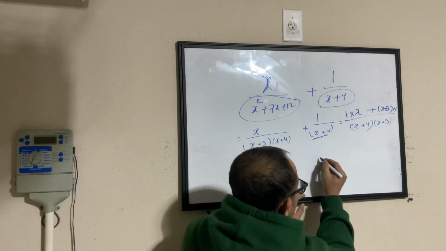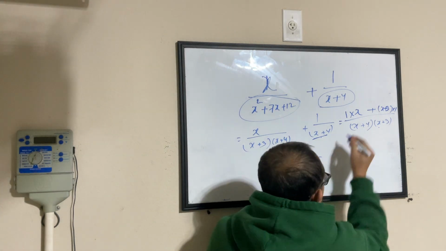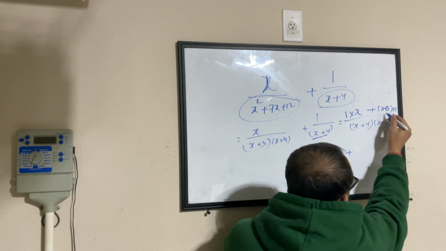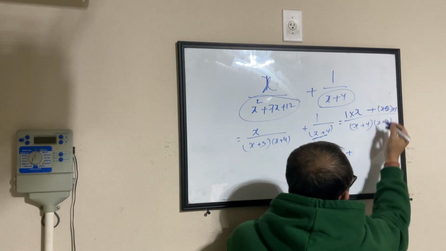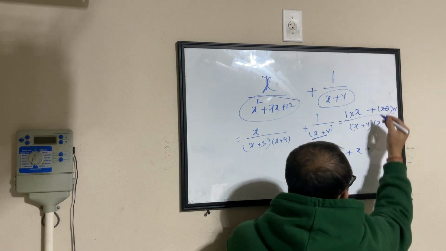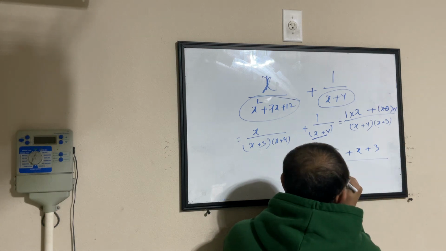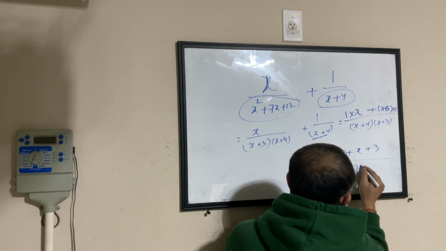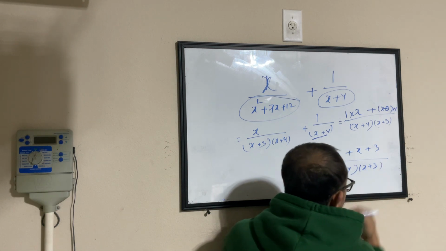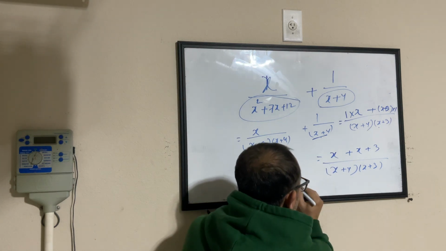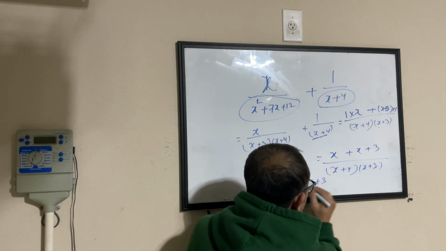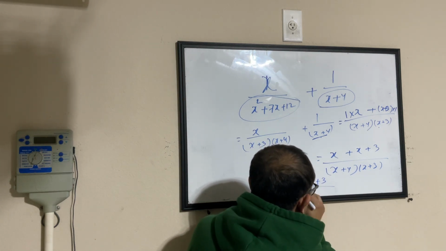So it became 1 into x is x, plus x plus 3 into 1, which is 3, divided by x plus 4 into x plus 3. So this became 2x plus 3 divided by x plus 4 into x plus 3.